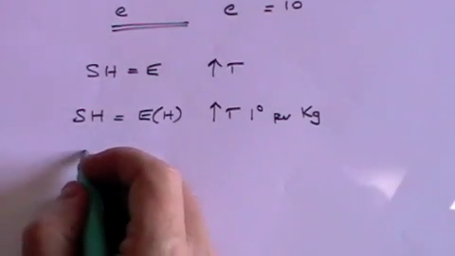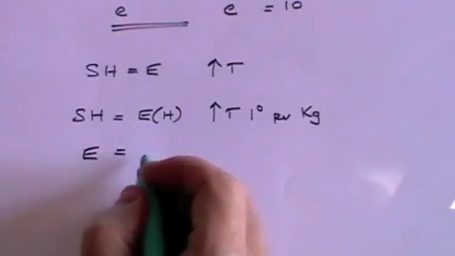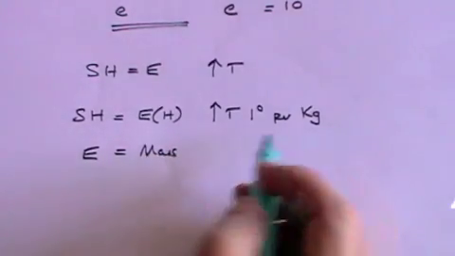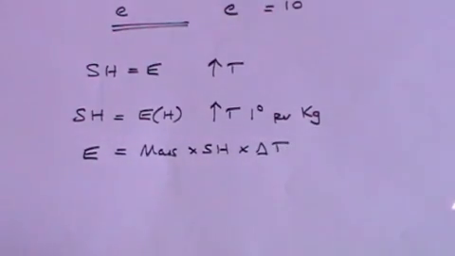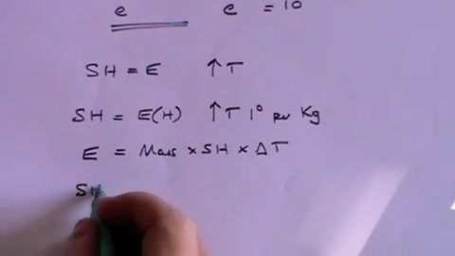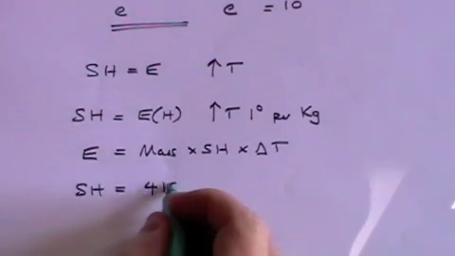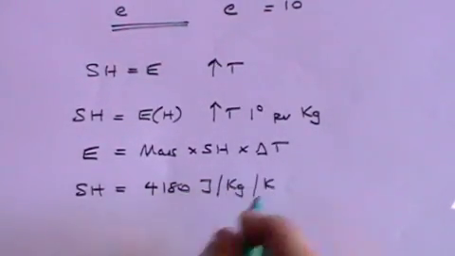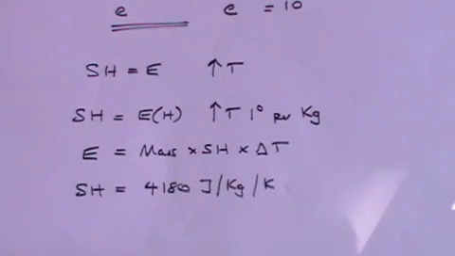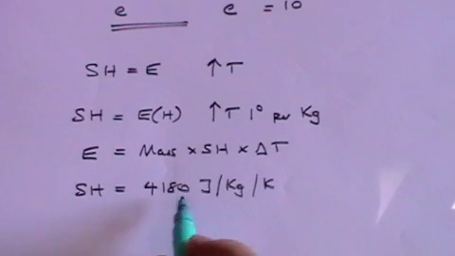So essentially, the energy is equal to the mass in kilograms times the specific heat times the change in temperature that you want to achieve. The specific heat of water, for example, is 4180 joules per kilogram per degree Kelvin. So if you want to raise 1 kilogram of water by 10 degrees, you need to put in 10 times this amount.